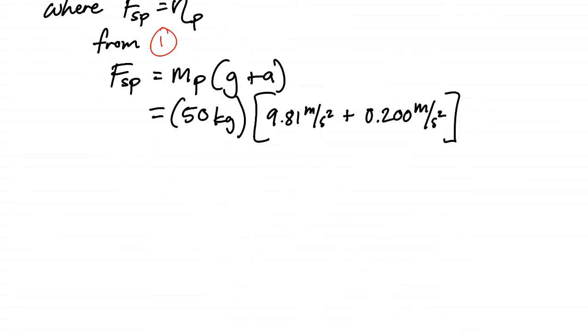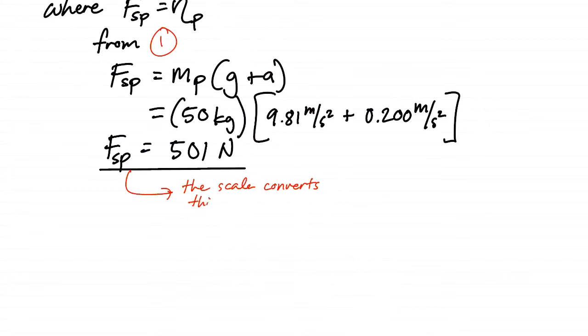Now, we will plug this into our calculator and you should get a value of 501 newtons. So, ito yung gustong i-measure nung ating weighing scale. Now, to read this in kilograms, i-convert lang ito nung ating weighing scale.